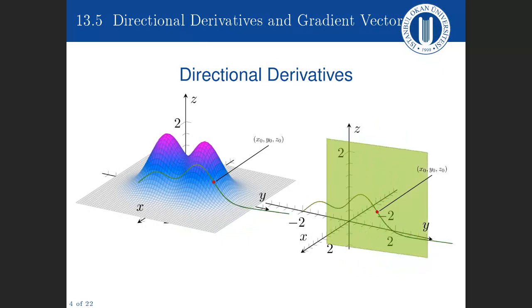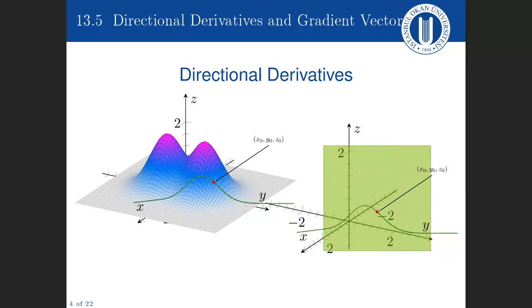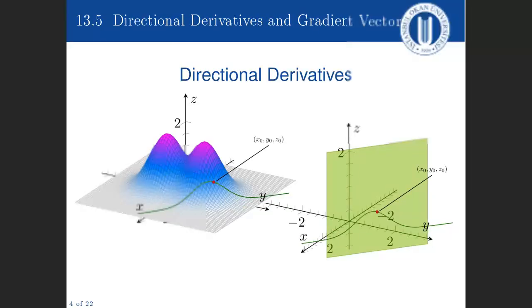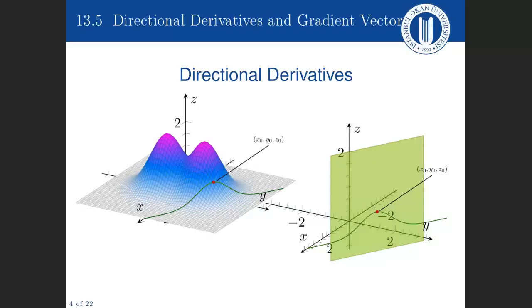And then once we're in this plane, we could ask, how does the function change? What is the slope of the function if we insist that we're going to stay inside this green plane? This is the idea of directional derivatives, like partial derivatives, but now we can use any direction that we want.